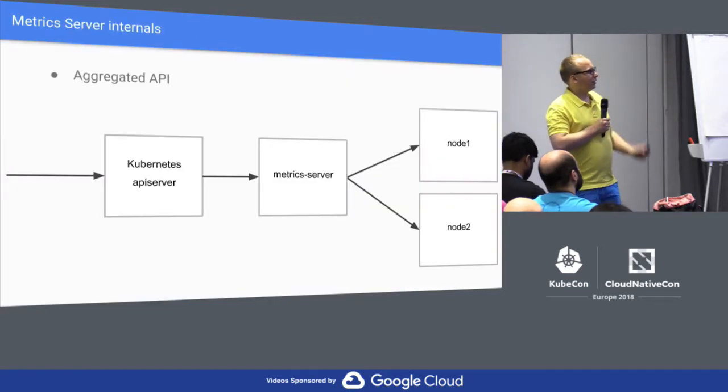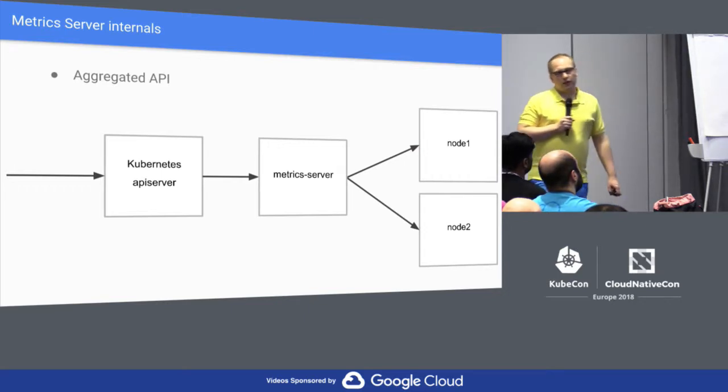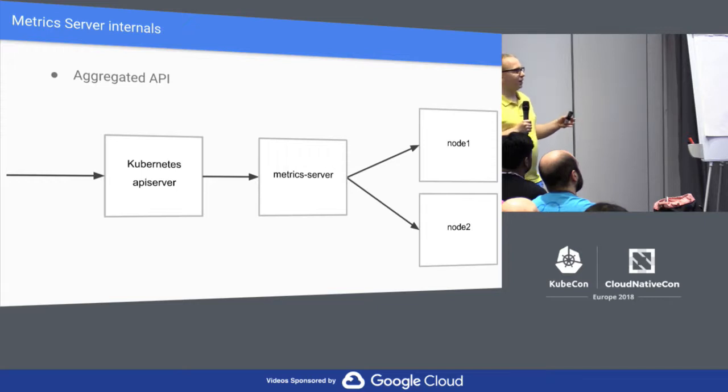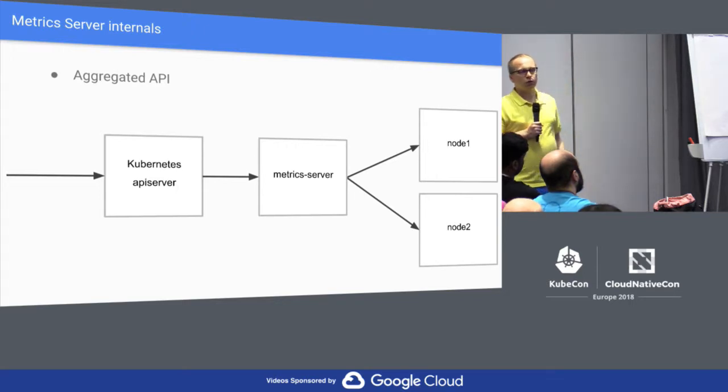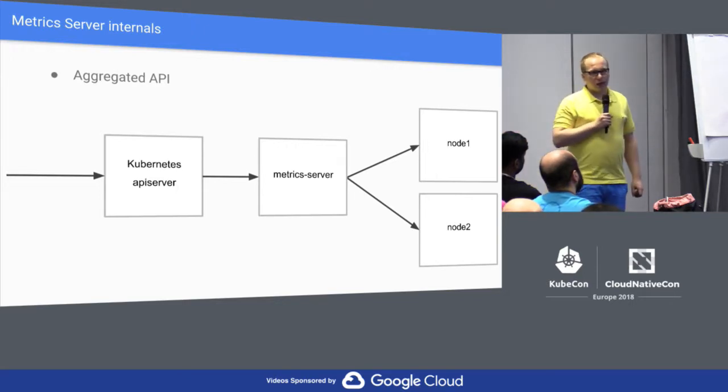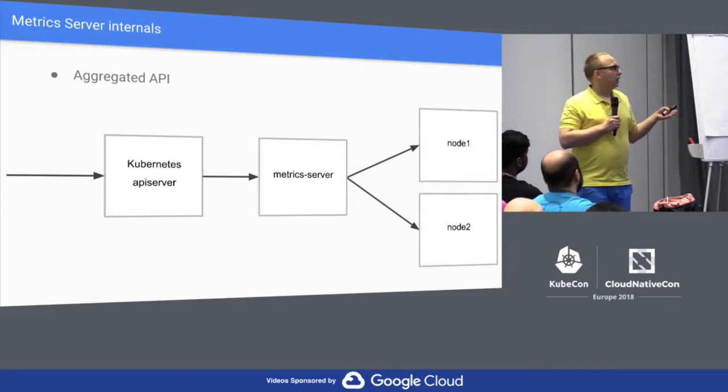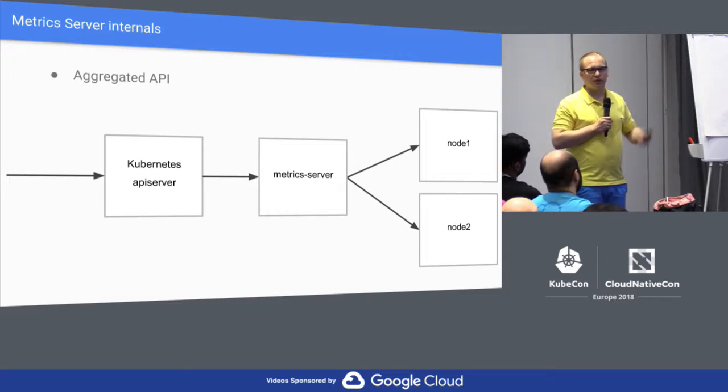Metric server internals. Basically, metric server is registered in Kubernetes API server through the aggregated API. This aggregated API is an effort that allows you to register your custom API server in Kubernetes API server, and you will be able to reach the objects in exactly the same way that you can reach Kubernetes objects.